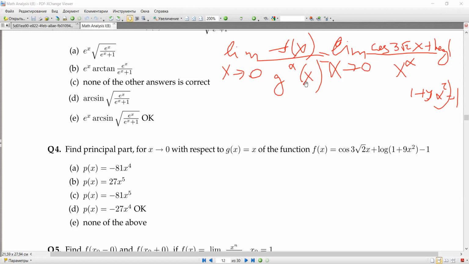Taylor's polynomial. We can use Taylor's polynomial here. I remember it was something really easy, the easiest one, but I don't remember exactly what it was.